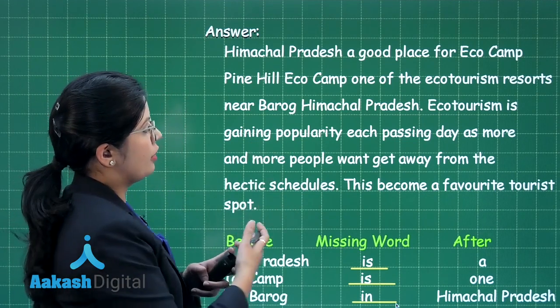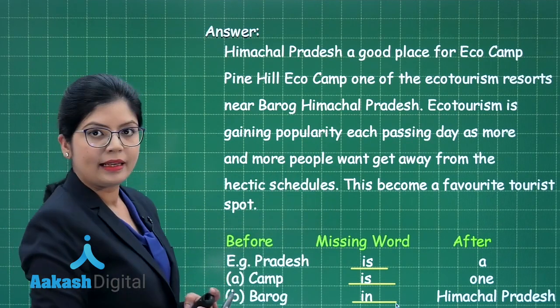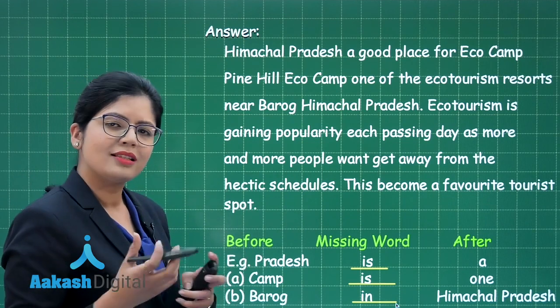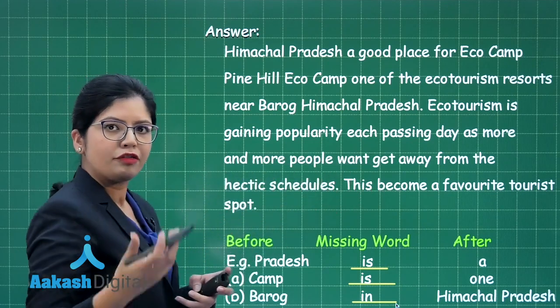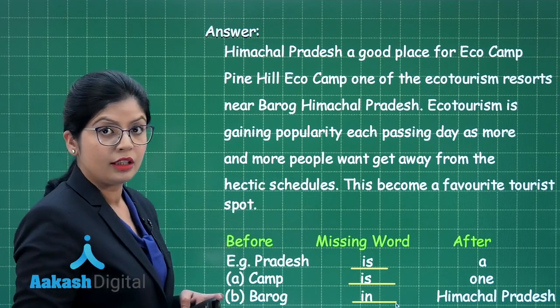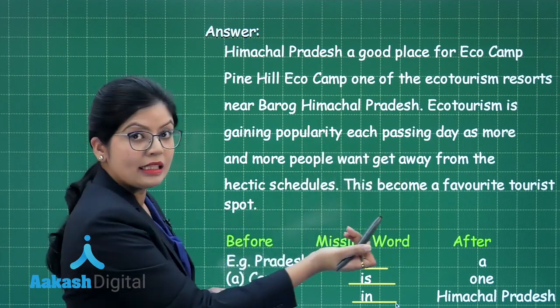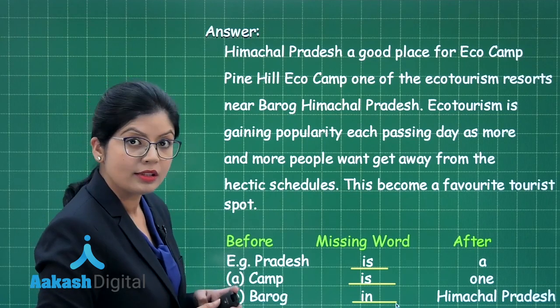Similarly, when I move further, ecotourism is gaining popularity each passing day. In this sentence, based on spoken English, it sounds fairly simple to say each passing day is a phrase that refers to continuity. However, popularity each passing day, there is no joining link for these two parts of the sentence.